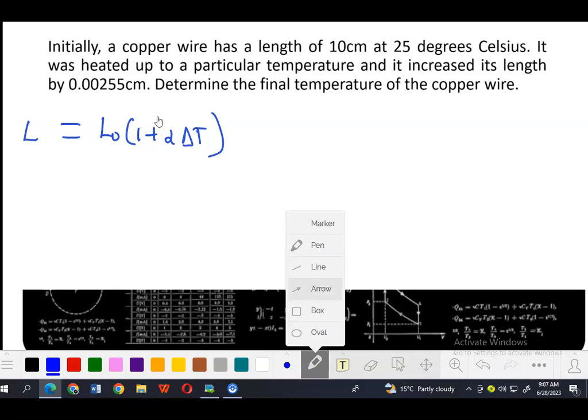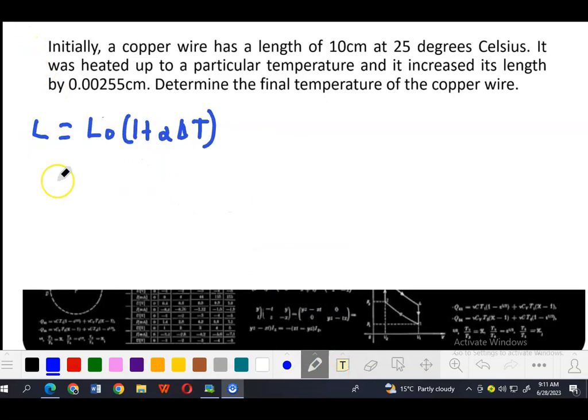So now, how can we handle this question, having seen the formula that we are supposed to use to find the final temperature of the copper wire? What we are looking for is delta T, so we need to rearrange this equation.